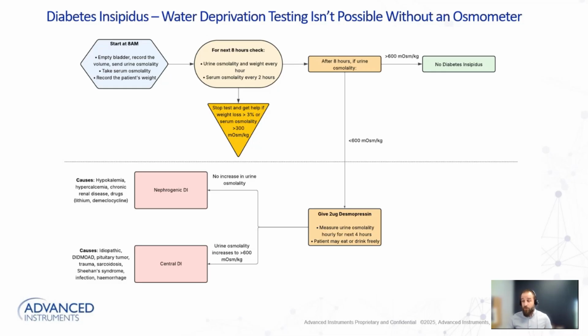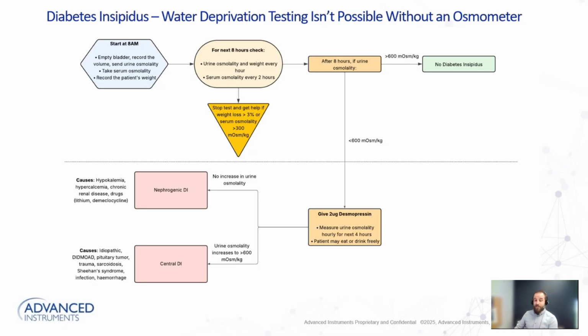Why this is really important, both the serum osmolality test and the weight measurement during this time, is because if the weight loss of the patient exceeds more than 3%, which means during the water deprivation test you've dehydrated yourself so severely that you've lost 3% of your body weight, or if the serum osmolality exceeds 300 milliosmoles per kilogram, then it's determined that we can no longer continue the test without putting the patient in danger. So we have to stop right away.